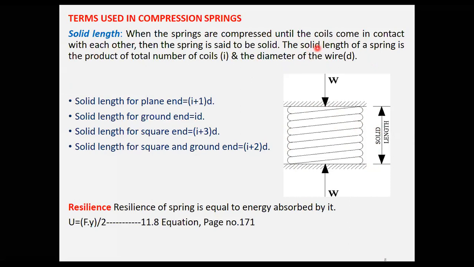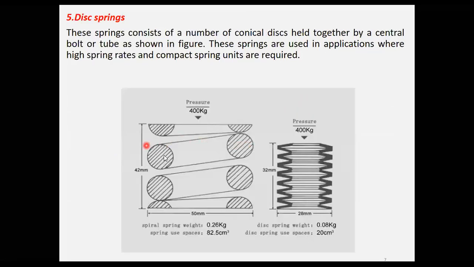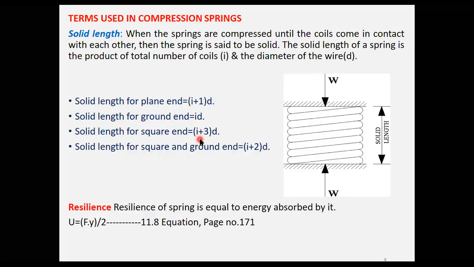And there is a formula to measure that solid length. D is the diameter of the wire. Whatever wire we have used here, this is nothing but the diameter of the wire. And how many coils are there?